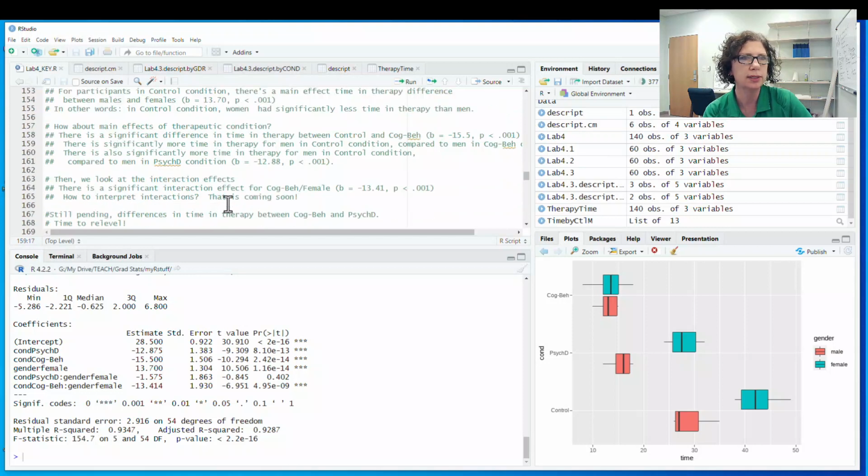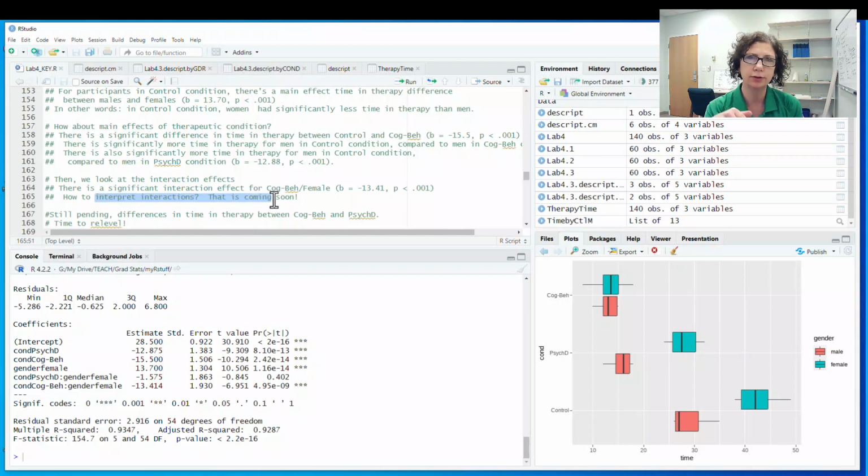Okay, so what is this interaction effect here? We have one that is significant, the one for gender female and cognitive behavioral condition. So we see that there's a significant interaction effect for cognitive behavioral female, and that's our B, negative 13.41, and p-value less than 0.001. Now, how do we interpret interactions?